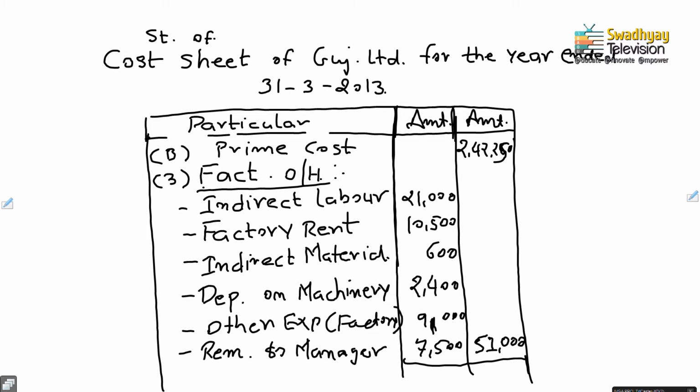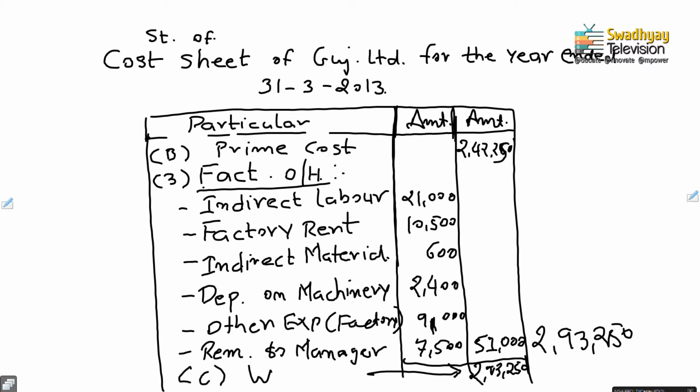And this 51,000 rupees is ultimately added into the prime cost, and the total comes to 2,93,250, and that is your answer number 3.